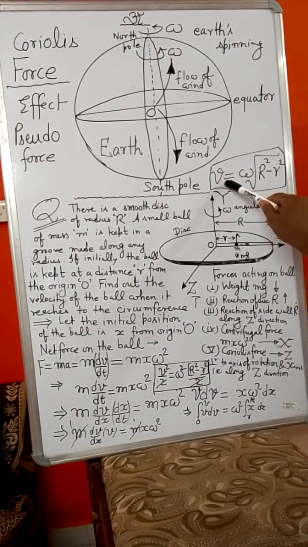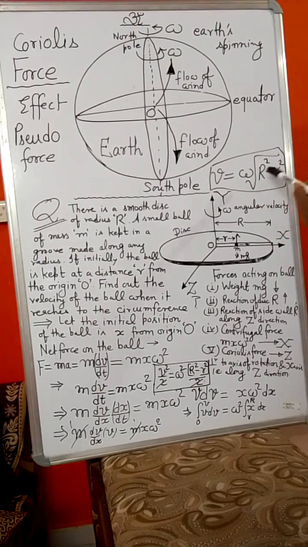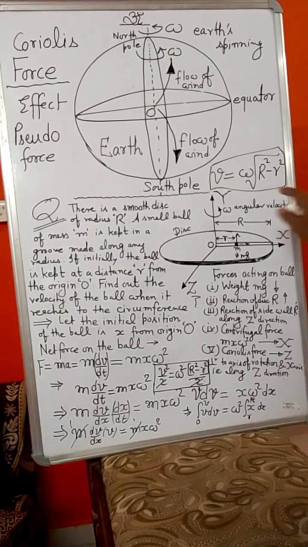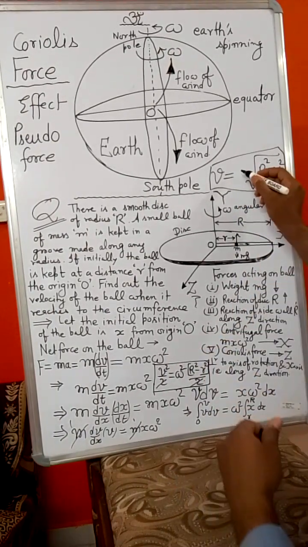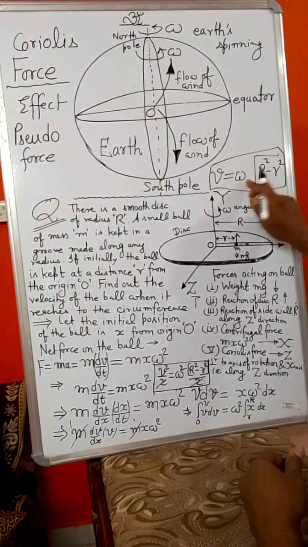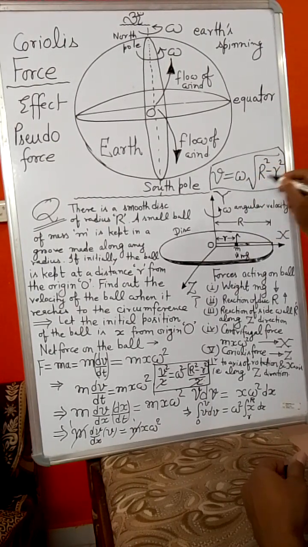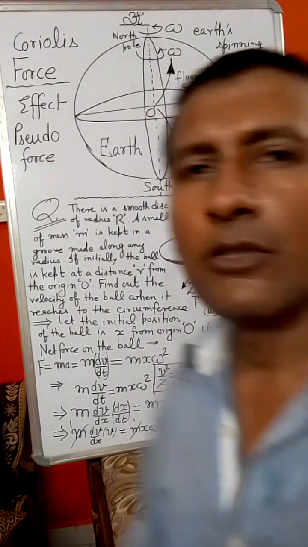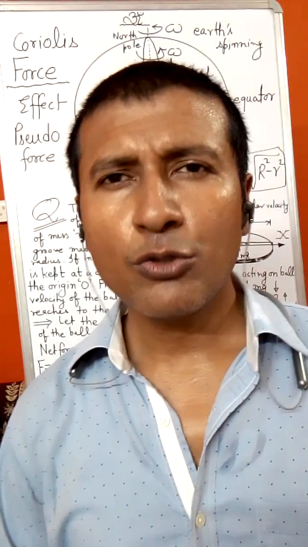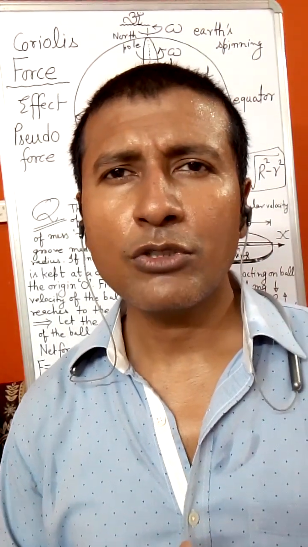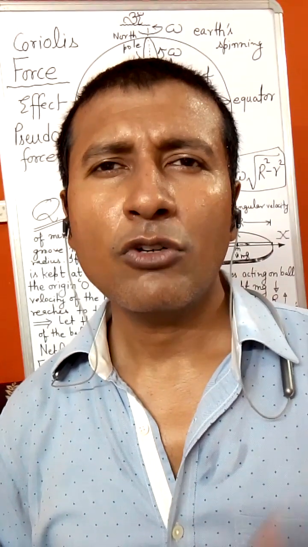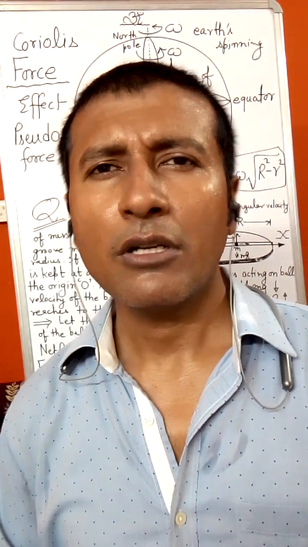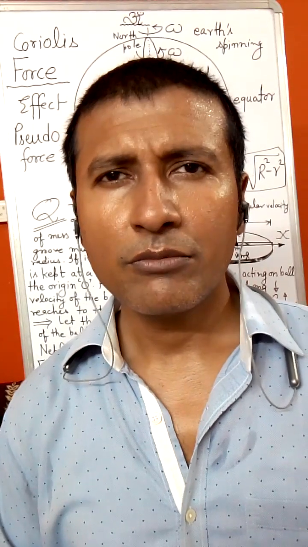The velocity v is equal to omega times the square root of R square minus small r square, so omega is outside the square root. If you have some doubts, you can write a comment. I will be happy to resolve all your queries related to this particular problem.